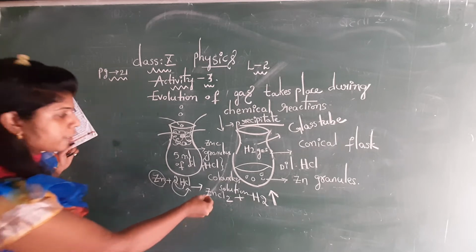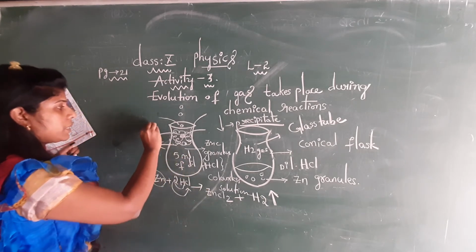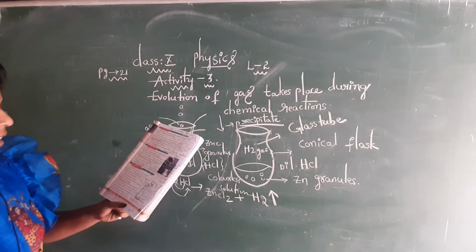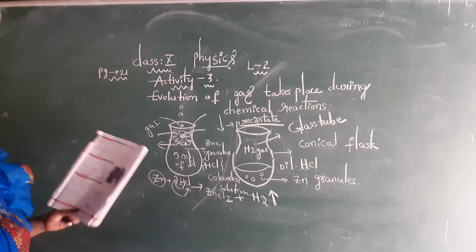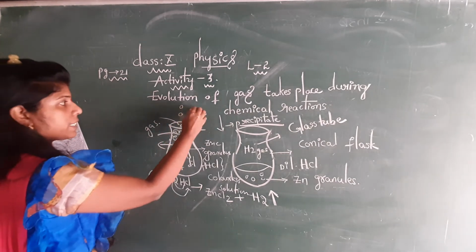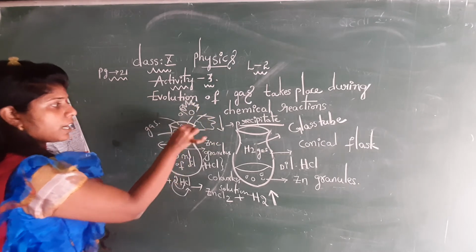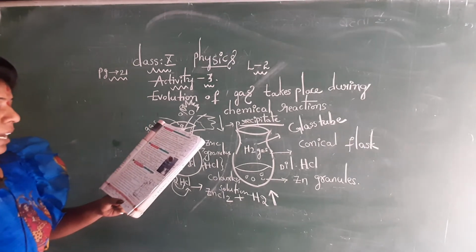As we introduce this hydrochloric acid, we observe gas bubbles on the surface of the conical flask. Now keep a burning matchstick near the mouth of the conical flask. What happens to the burning matchstick?